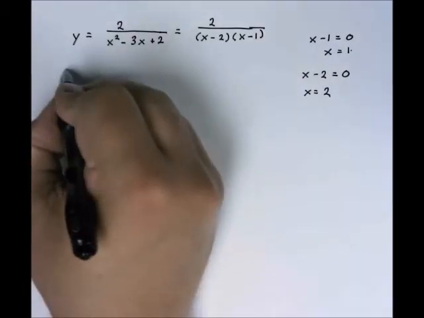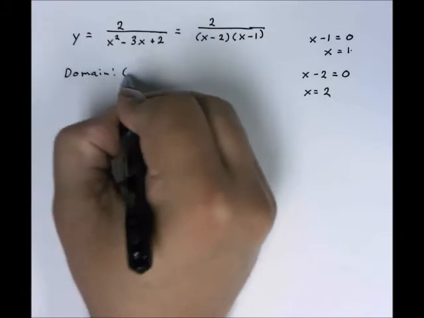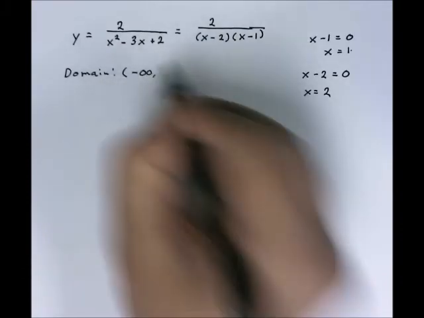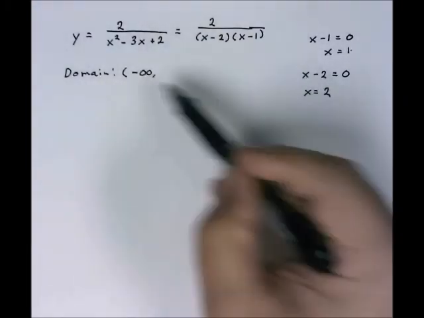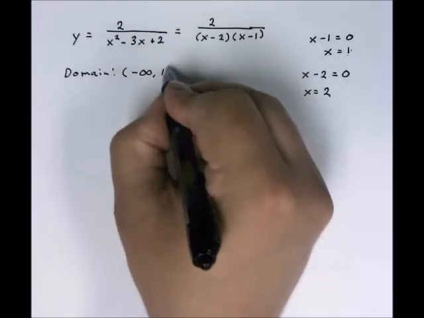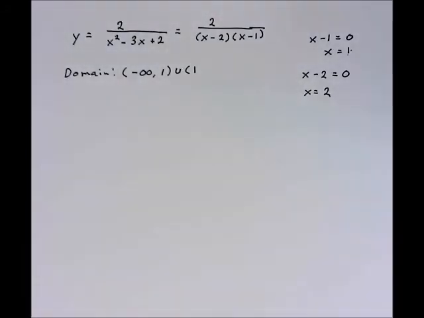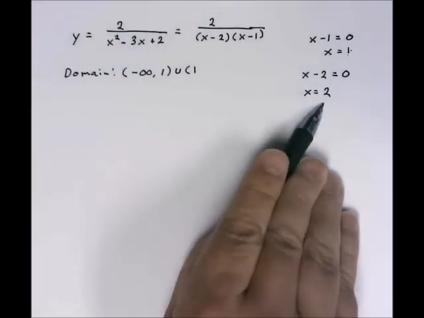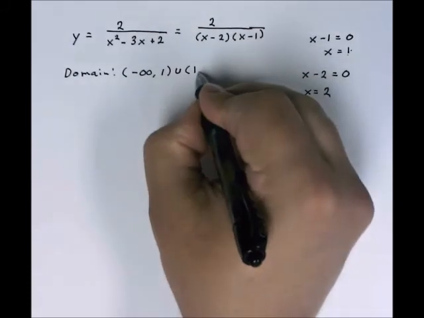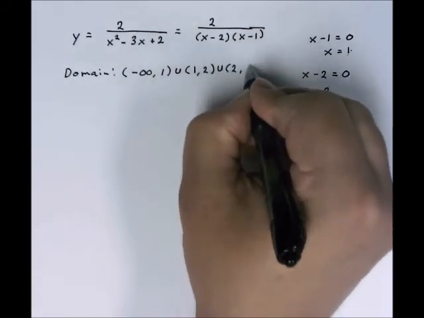So for the domain, I'm going to start at negative infinity, and we're going from smallest to largest, so I'll start with the 1, and I'll exclude that, and I know how to do that. I just add that in. And then I'm going along up to the 2, and I'm excluding the 2, and I know how to do that, and then I continue on to infinity.